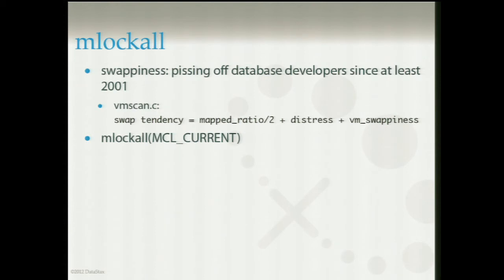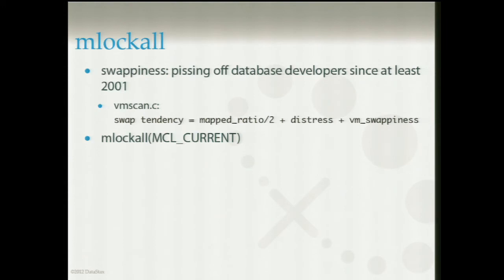And it's commonly believed that setting swappiness to 0 means you will not swap. This is not true. And as evidence, I give you the line from vmscan.c that's responsible for determining whether Linux should swap something. You can see that there are 3 components there besides swappiness. So swappiness can be 0, and it can still decide that I'd better swap something.